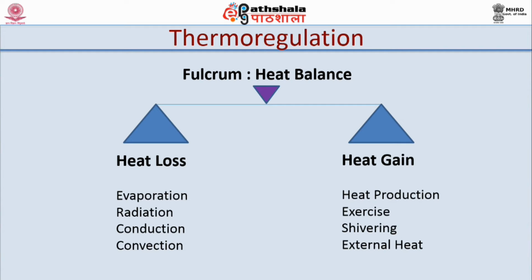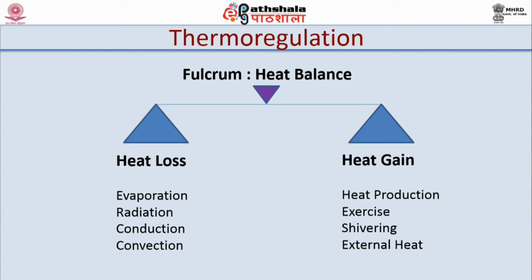Now what are the mechanisms of heat loss? Evaporation, radiation, conduction and convection. Now when you compare the other side, what are the mechanisms of heat gain? Obviously the body is producing heat because of metabolism, and you are eating a lot of carbohydrate, which is converted into glucose and then to ATP, and you get heat production.